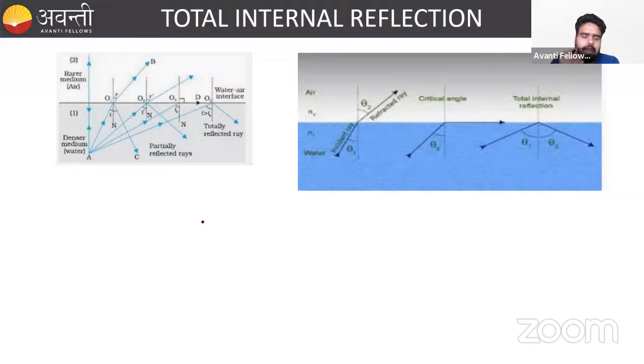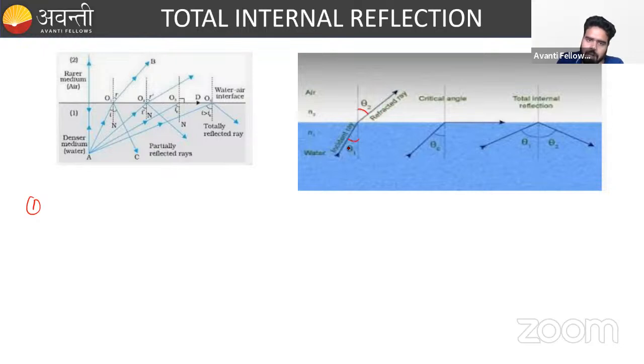The next very important application of Snell's law is TIR, or total internal reflection. In the case of total internal reflection, whenever light travels from a denser medium to a rarer medium, we know that the light bends away from the normal.